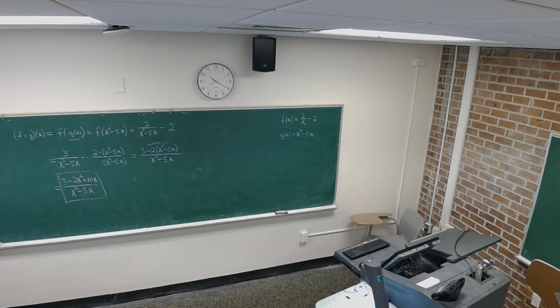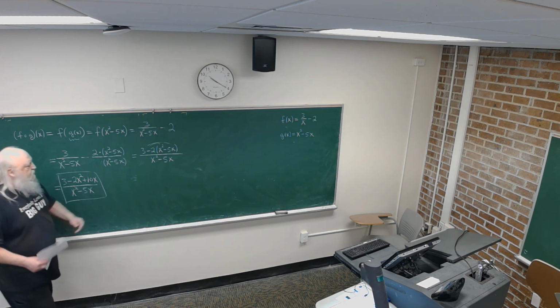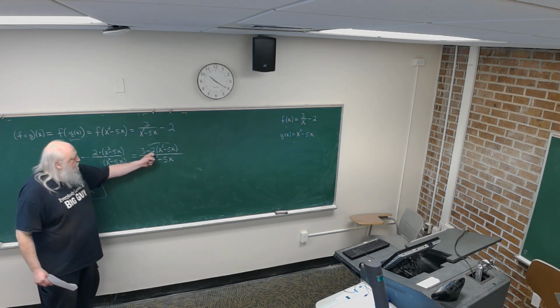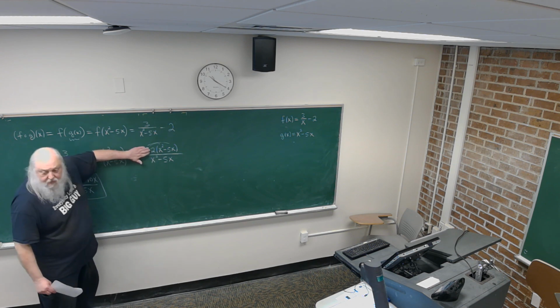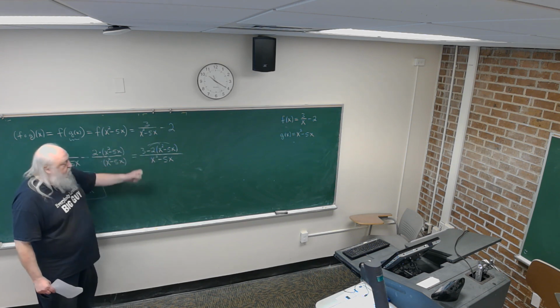Okay. So when you distribute, you only do the number that's closest to the parentheses, not all of the numbers? Yeah, because you're subtracting 2 times that from the number 3.